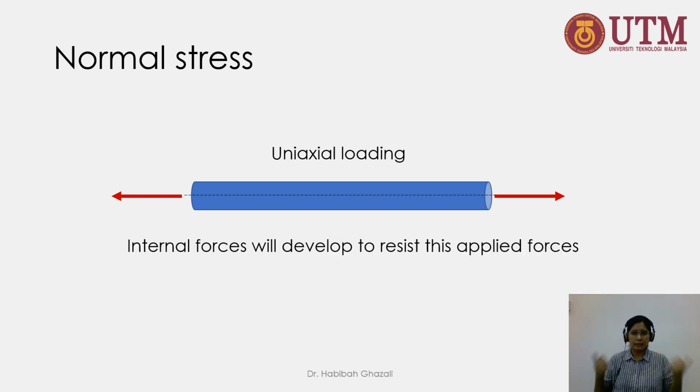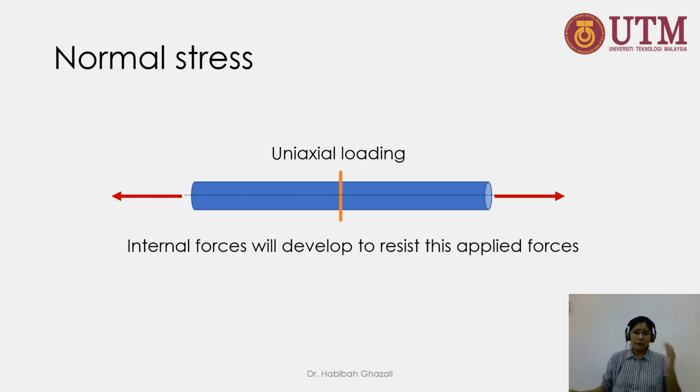So the internal force will develop to resist this applied force because of the atomic bonding. The atoms, the bonding between the atoms, is now being stretched. But they would resist that stretch and they will develop the internal force to resist that stretching of the bonding.